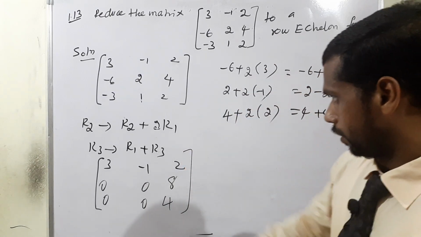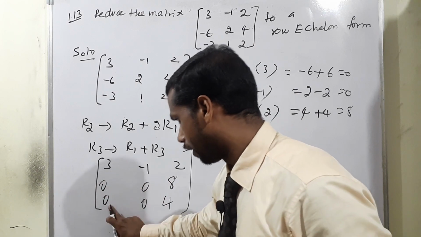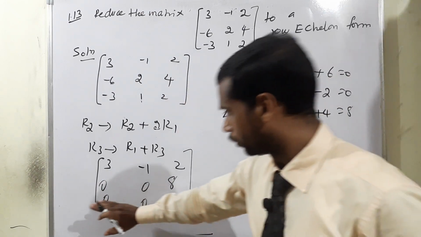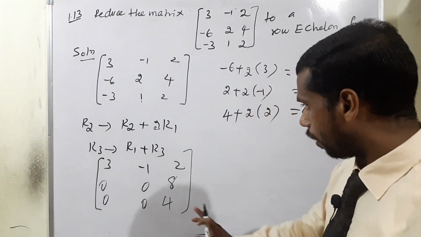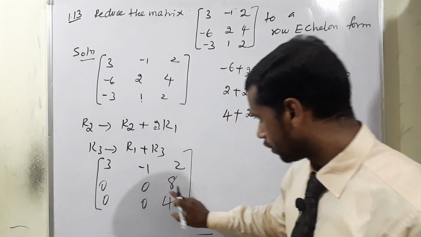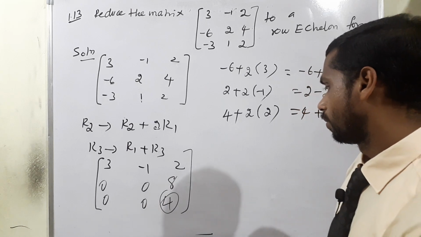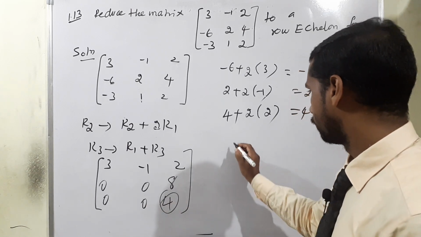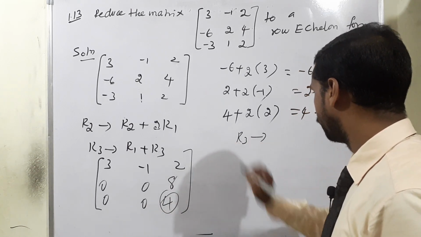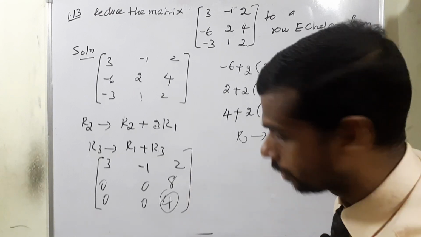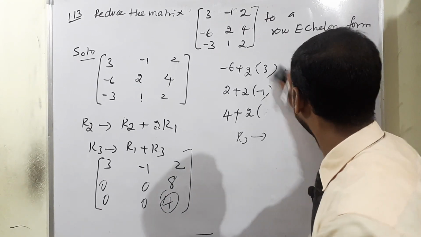Now see, where the non-zero digit starts, under that term we have to show 0. Now next one, where the non-zero digit starts, second one 8 is there, here we have to show value 0. So what we have to do, R3.